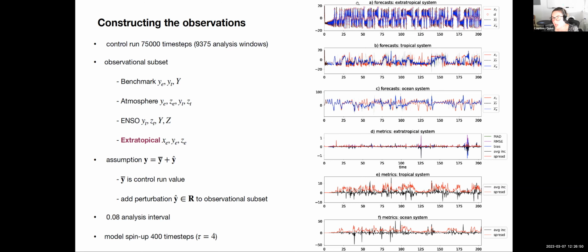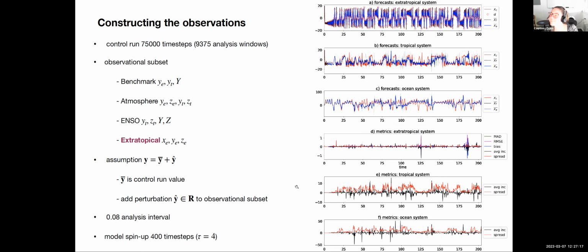So these observations are not giving us enough information about the tropical system and the ocean system. In the paper that I'll show at the end of this bit, we explored ways to overcome this, including using various dynamical methods. But this was a nice example to show where DA doesn't always work very nicely.